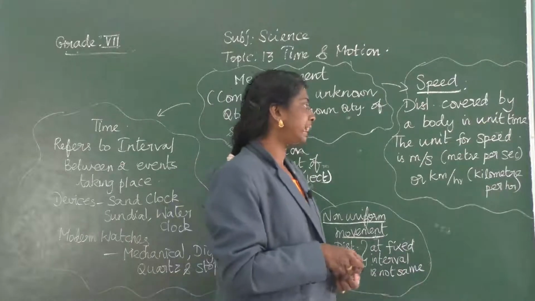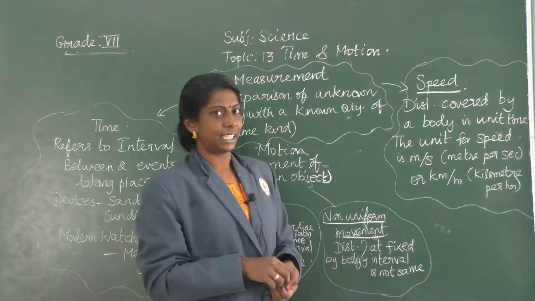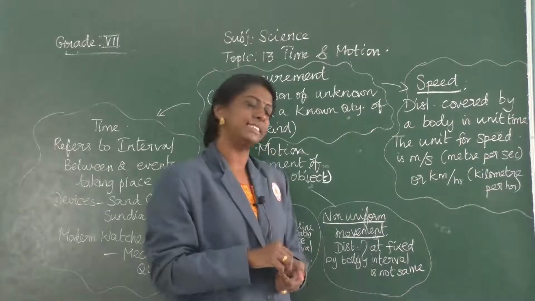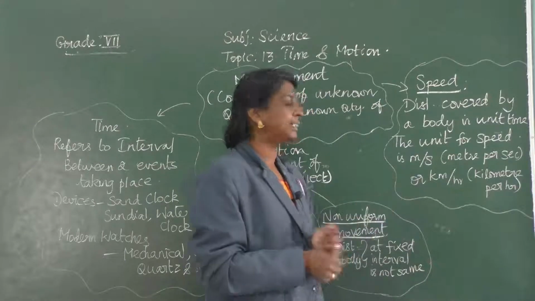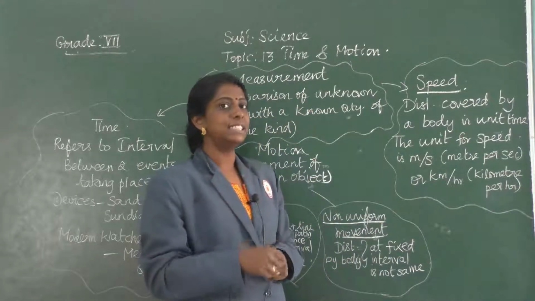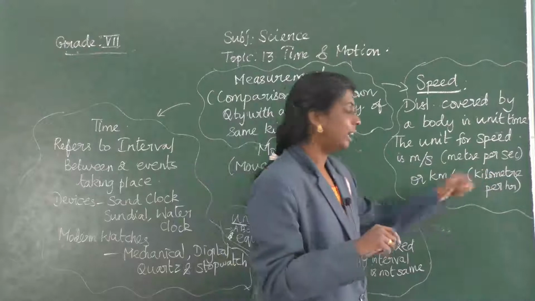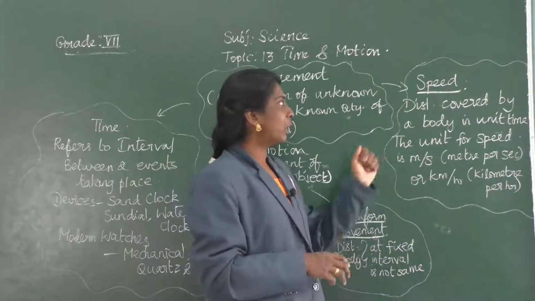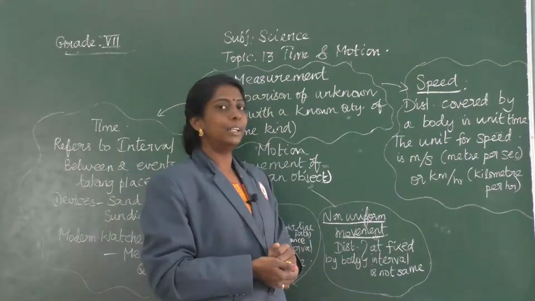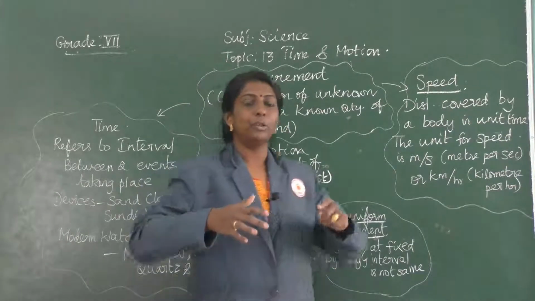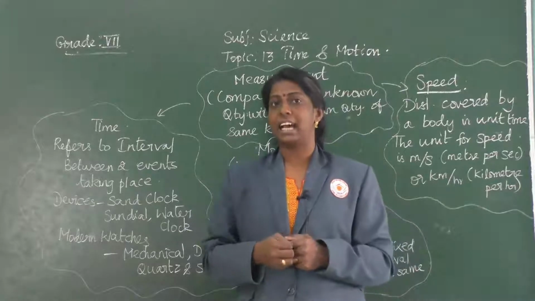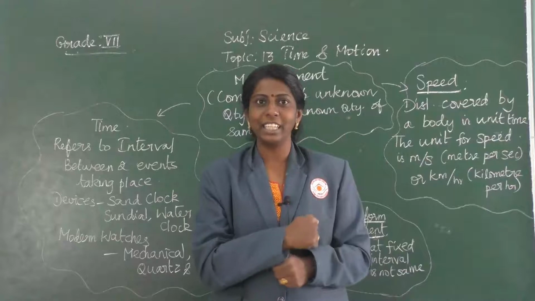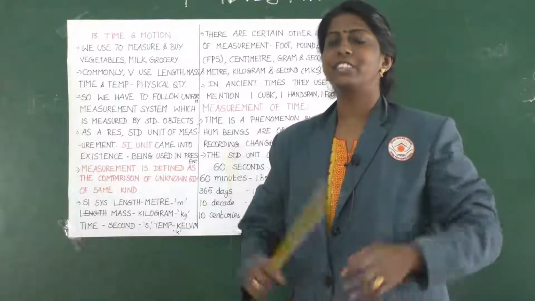The unit for speed is meter per second, in short m/s, or else kilometer per hour, that is km/hr. So that's what about speed. Here ultimately we are going to learn about measurements and then time, then motion and speed. Clear, children? Yes.